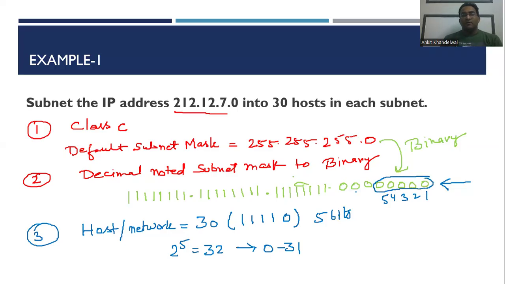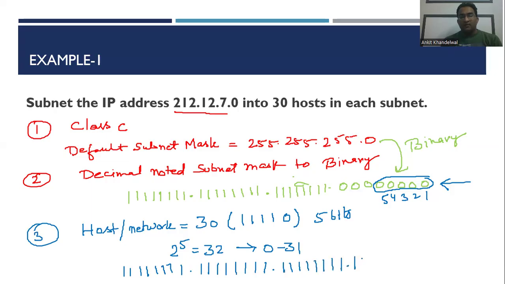Okay. Now we are left with these 3 bits. We will change these 3 bits to 1. So now the binary format of the above mask will be 1, 2, 3, 4, 5, 6, 7, and 8. 1, 2, 3, 4, 5, 6, 7, and 8. 1, 2, 3, 4, 5, 6, 7, and 8.